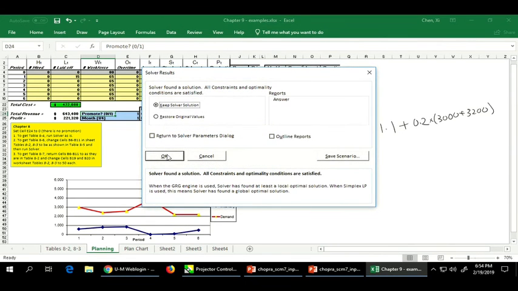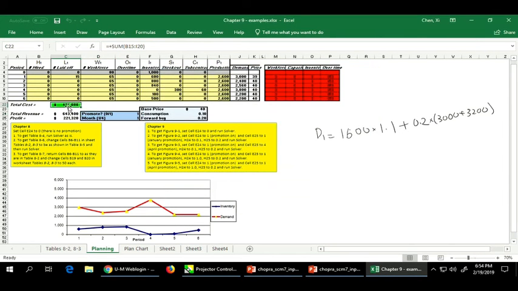So if we solve this, we get a solution. So you can see the total cost becomes 422,080. Now total cost is slightly lower than before. The total revenue is higher than before, and the total profit has also increased from the previous case.